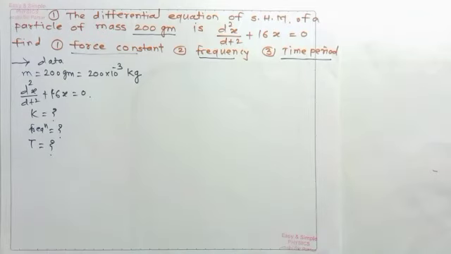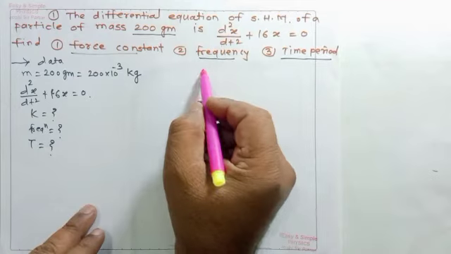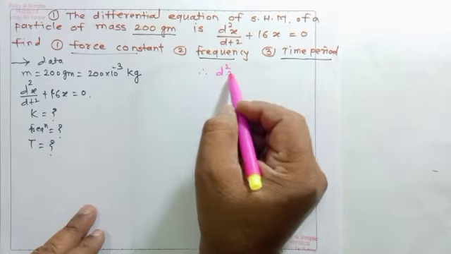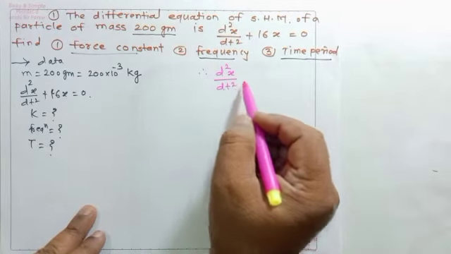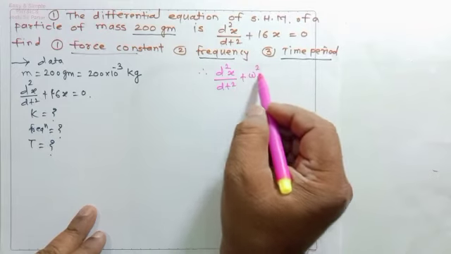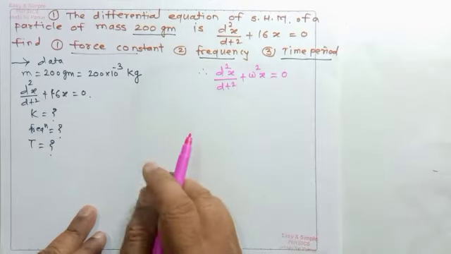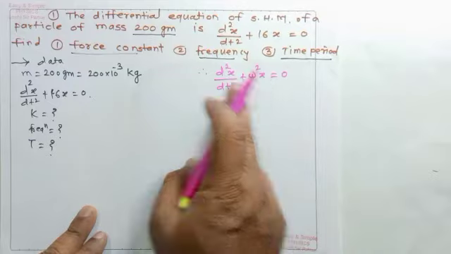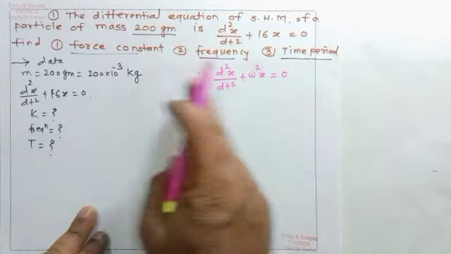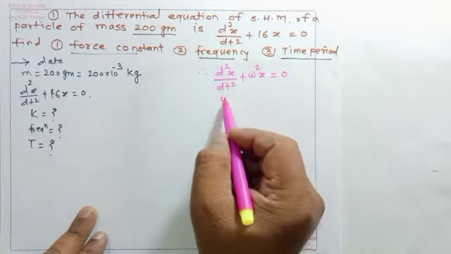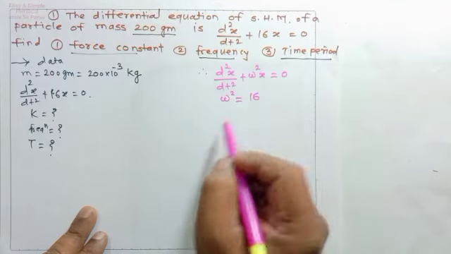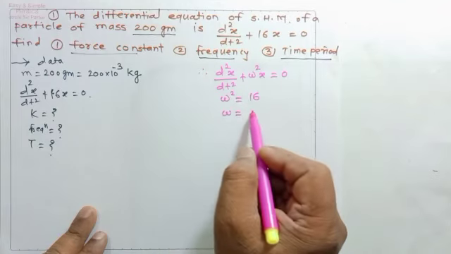We can solve the example by using the differential equation. We know that the differential equation is d2x upon dt square plus omega square x is equal to 0. By comparing with the given equation, omega square is equal to 16, so omega is equal to 4.